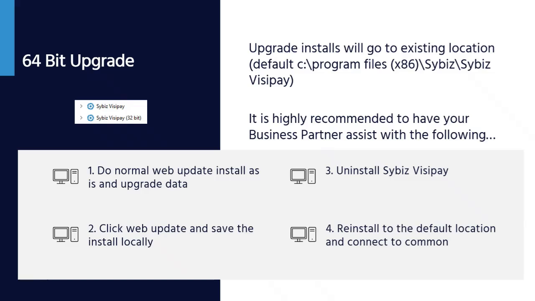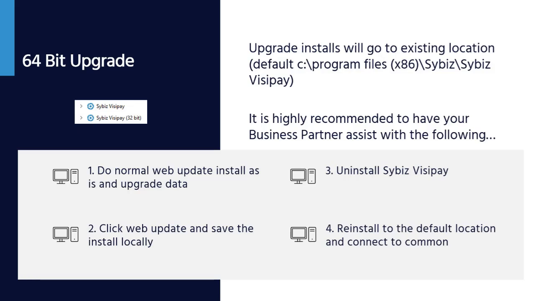There's nothing wrong with that, but some people may want to move it to where a 64-bit program should rightly live, in the normal C program files like Sybiz Vision does. There's a little guide there. We do recommend that you have your business partners assist you with this. As I said, it's not necessary, but some people may want to do it.